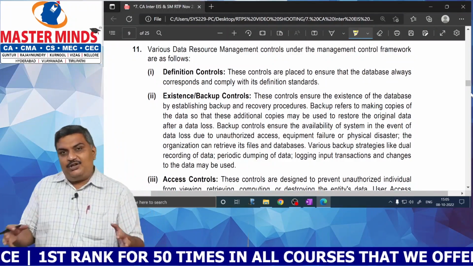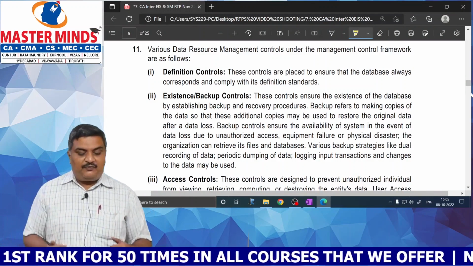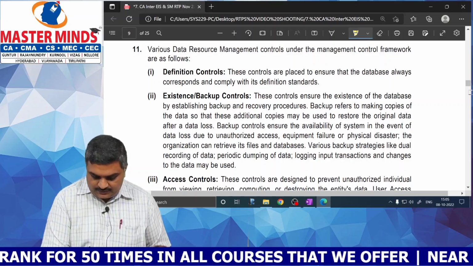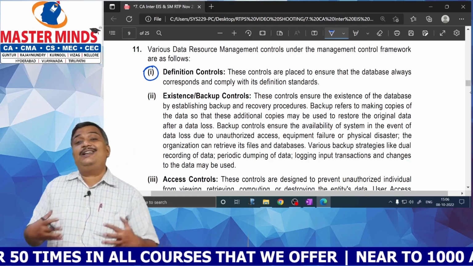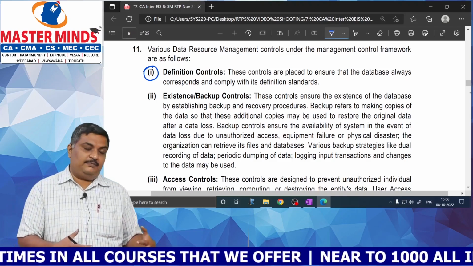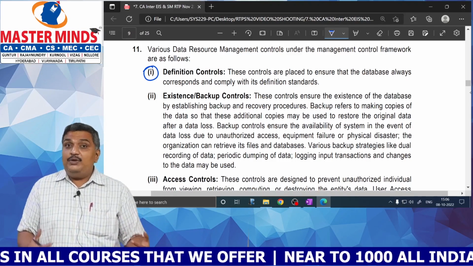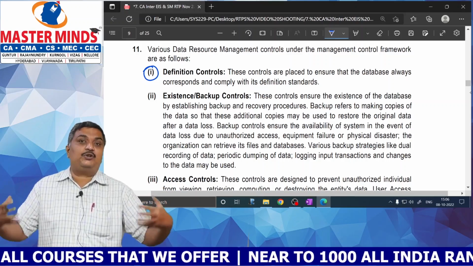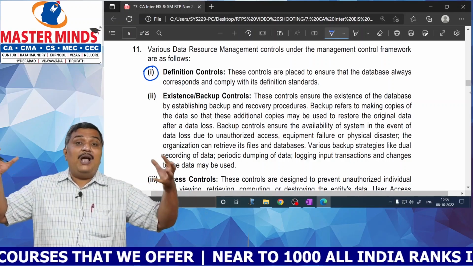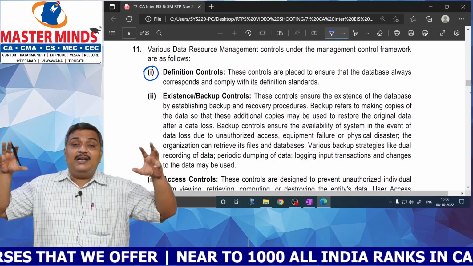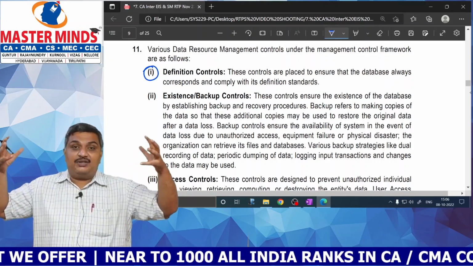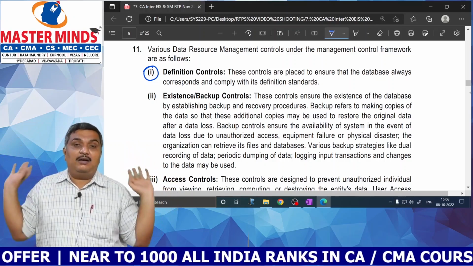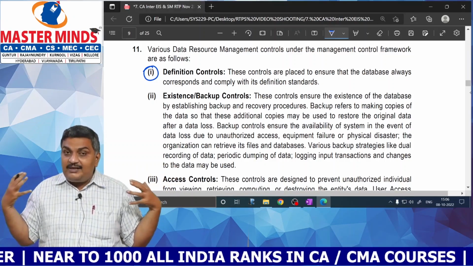So what are the data resource management controls? How do you protect your data resource? The first one is definition controls. What do you mean by definition controls? See, in order to store the data, you need to first define the structure to store the data. So while you are preparing the data to be stored, you need to define the table structure, you need to define the view structure, all these things.